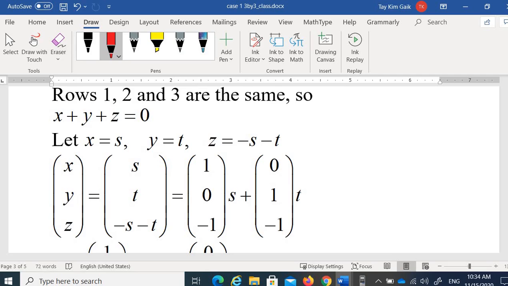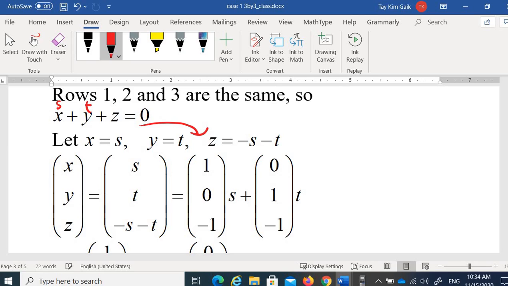If we let x equal to s, y equal to t, then z will be equal to -s minus t. So x is s, y is t, z is -s minus t.